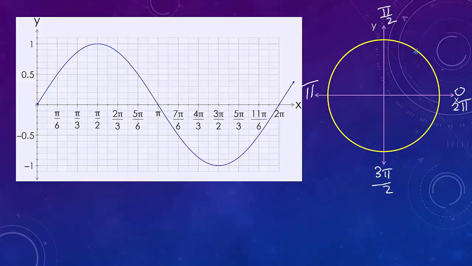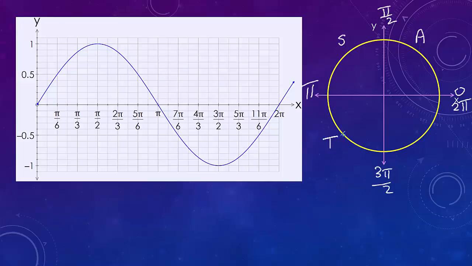So between 0 and pi by 2, we know that this was the A quadrant, so the sine should be positive. And between 0 and pi by 2 on the graph here, we can see that the curve is above the x-axis and therefore is positive. This is the S quadrant where the sine is positive, and on the graph between pi by 2 and pi, we can see once again the curve is above the x-axis, making y positive.